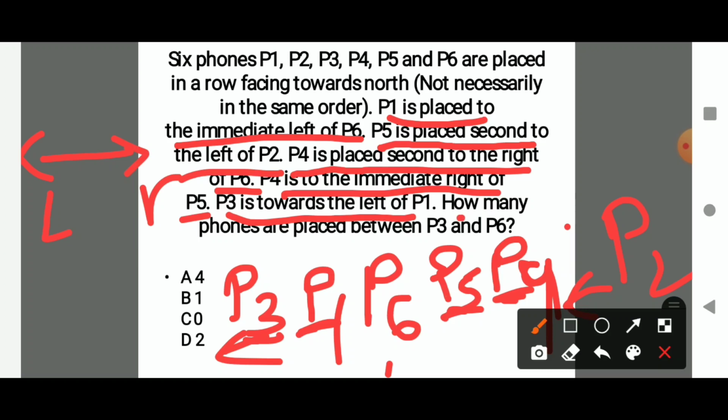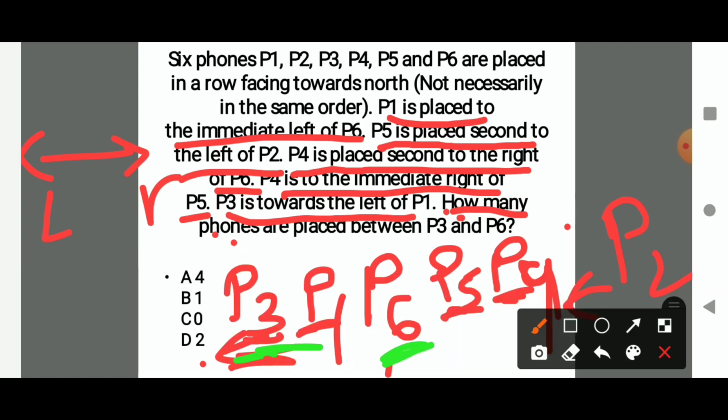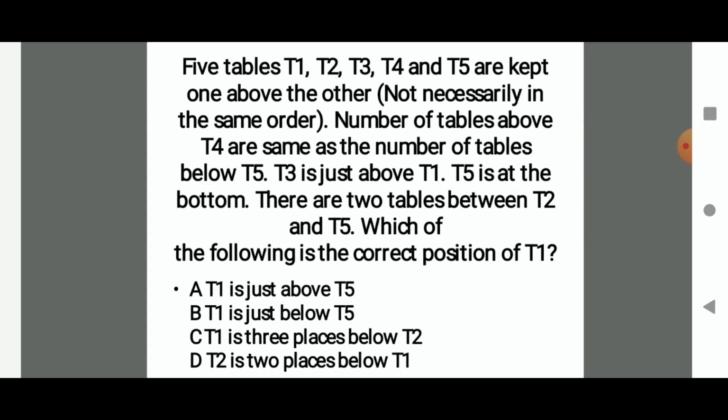So this is the positioning. And how many persons are placed between P3 and P6? Here P3, let us show in different color. This is P3, this is P6. How many are placed between this? 1. So only P1. So option B will be the correct answer to this question.